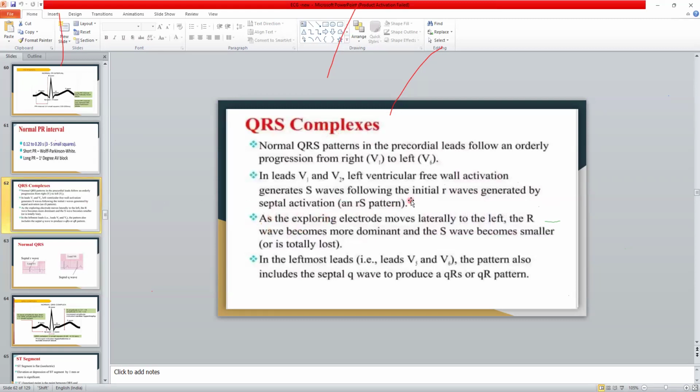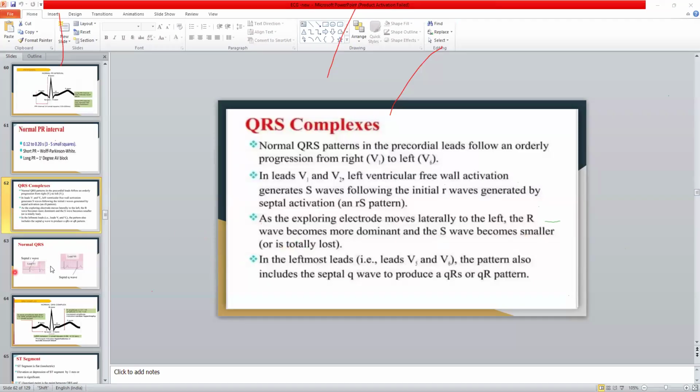As the precordial leads move from V1 to V6, that is, as the exploring electrodes move laterally to the left, the R wave becomes more dominant than the S wave, and slowly the S wave becomes smaller, or sometimes it is totally lost.